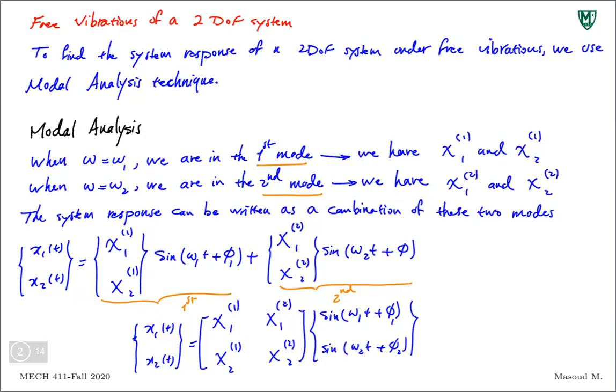If you do this multiplication, this is a 2 by 2 matrix times a 2 by 1 vector, giving a 2 by 1 vector. You'll get the same thing. x1(t) would be x11 sine(omega 1 t plus phi 1) plus x21 sine(omega 2 t plus phi 2). You can just do the math, we get the same thing. The first row gives you x1(t), the second row gives you x2(t). I just rewrote this one in matrix form.